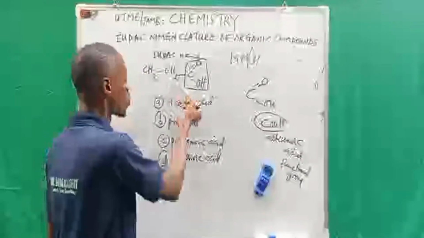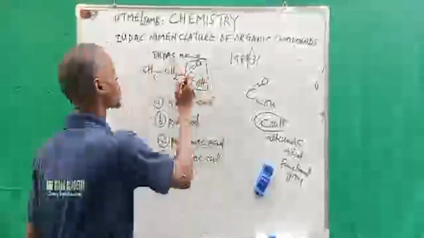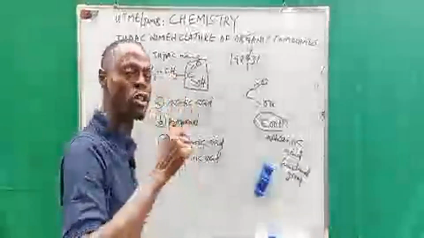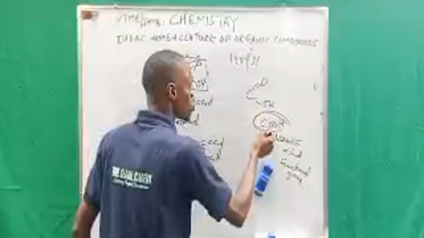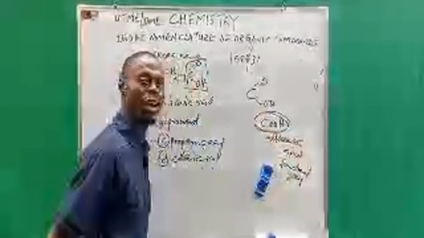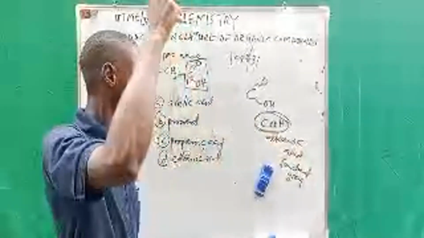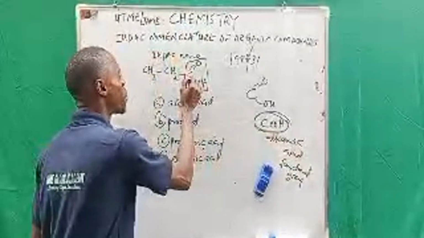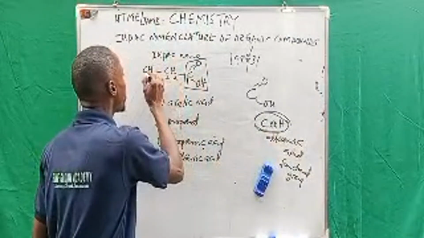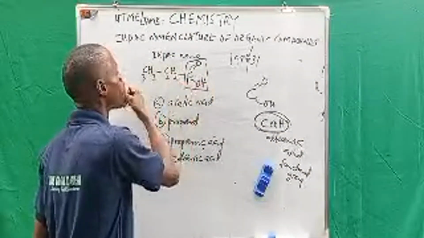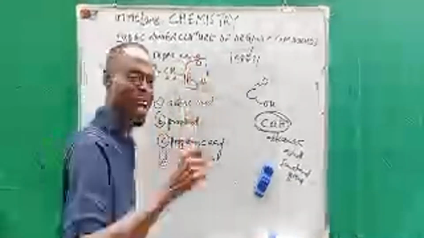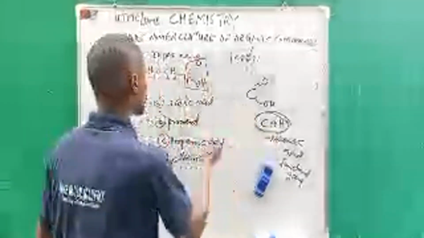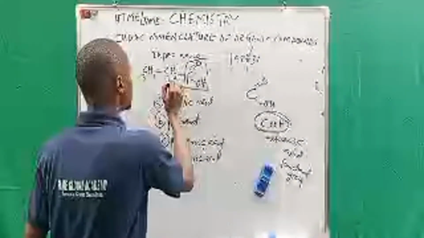We must start numbering our longest carbon chain from this end. This C is what? A group of an alkanoic acid family, and so we must start numbering from here. We must give priority to this carbon from the point where we attach to this functional group. So the numbering is 1, 2, 3.